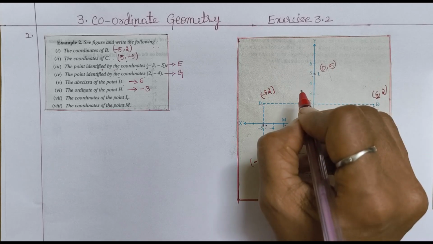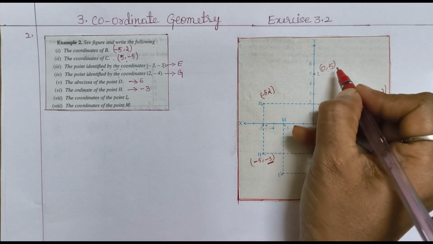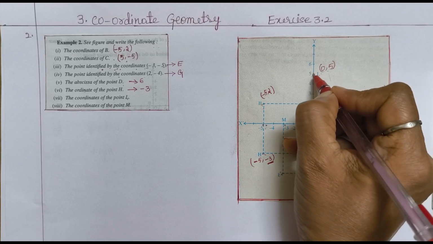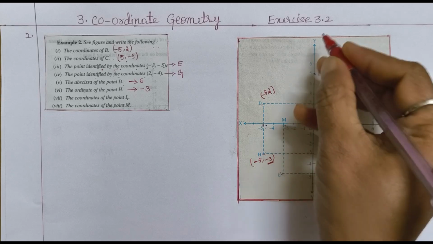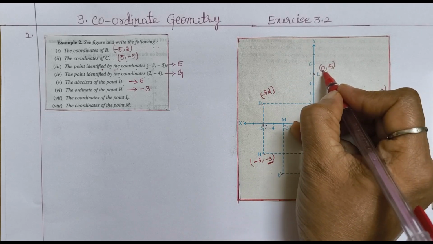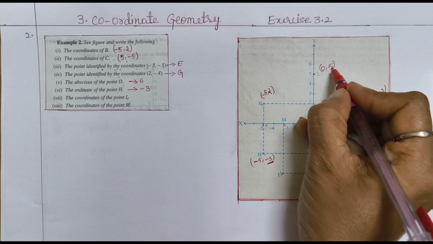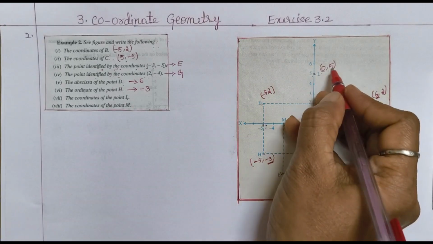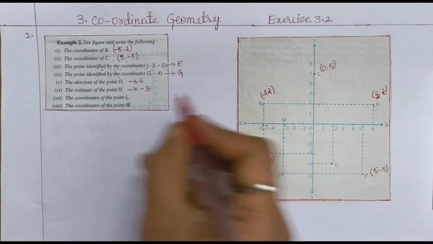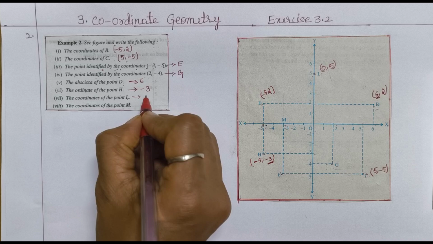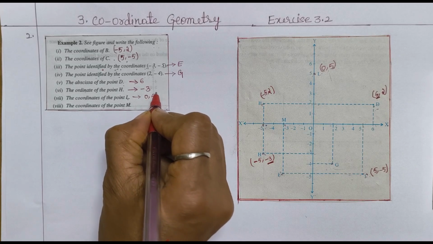X-axis means number, 0. Y-axis means 0, number. So L coordinates are 0, 5. You can write here 0, 5.